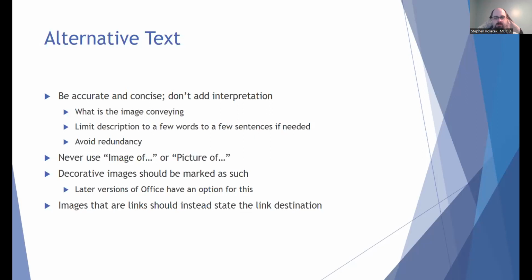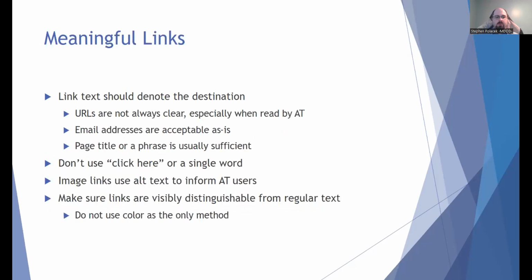Speaking of meaningful links, link text itself should denote the destination. So we want to give a short description of where we're going, or giving an indication of what the subject matter is going to be.